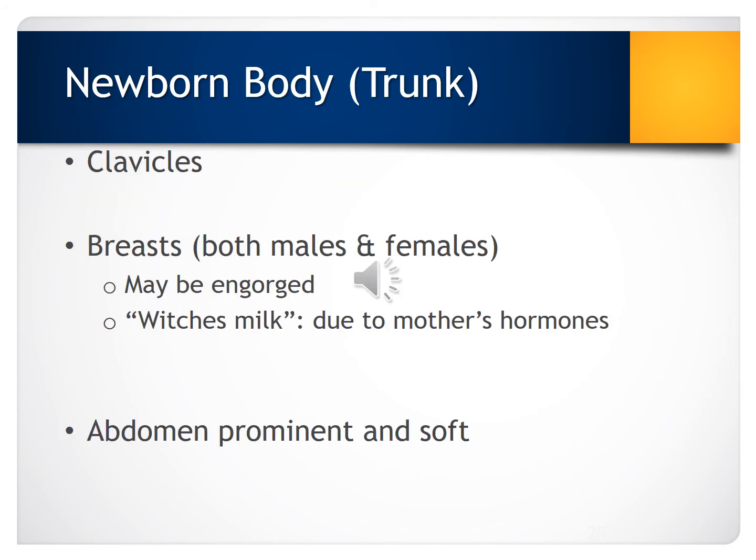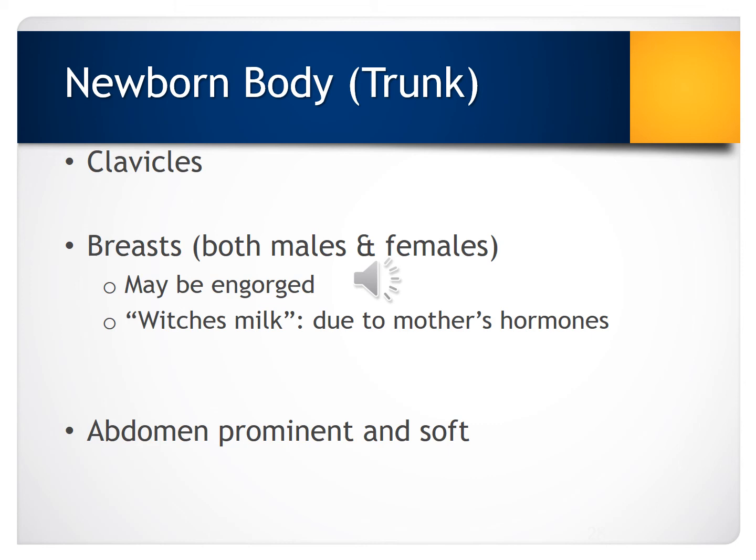When we're assessing the body of the newborn, the trunk, we want to start at the clavicles, and we're checking for any feelings of any fractures. Is it smooth? If we lift the arms, do we hear any rubbing of bones? Is there any cracking going on?